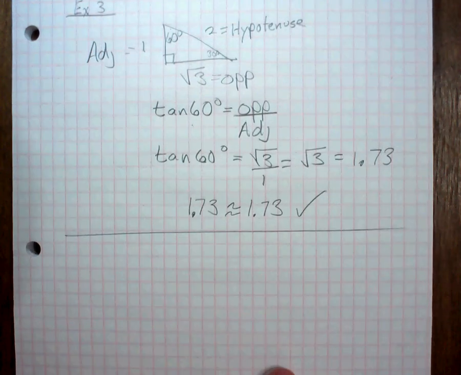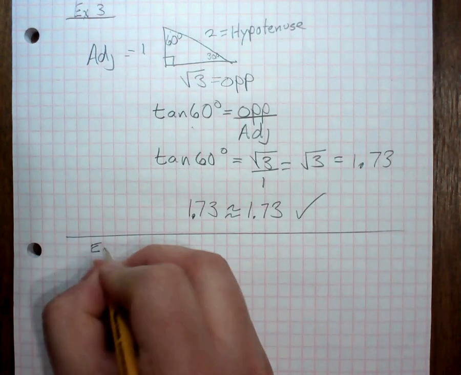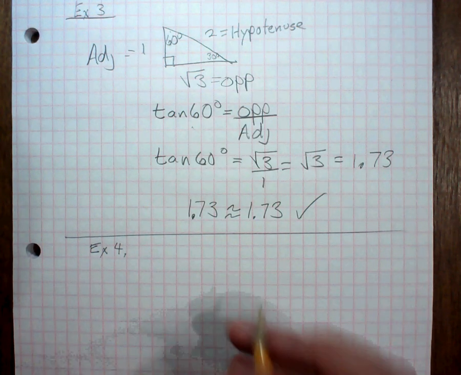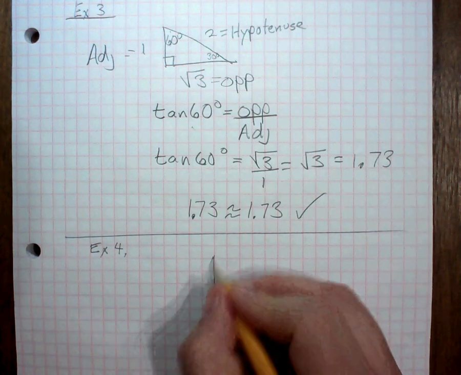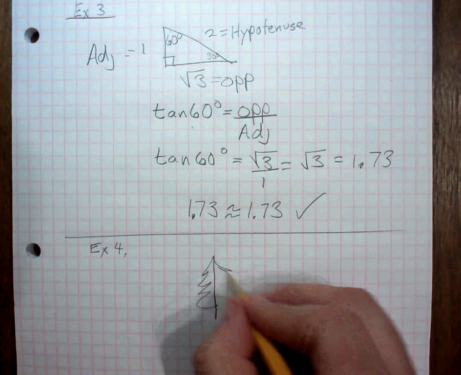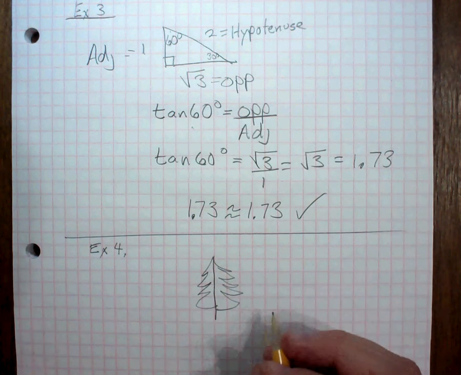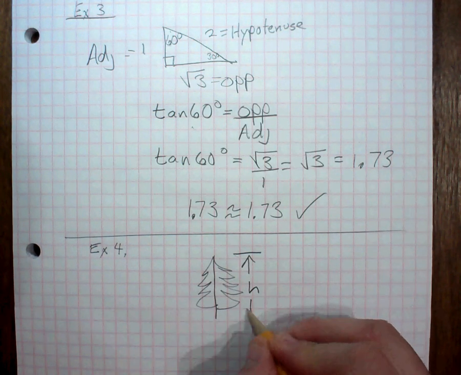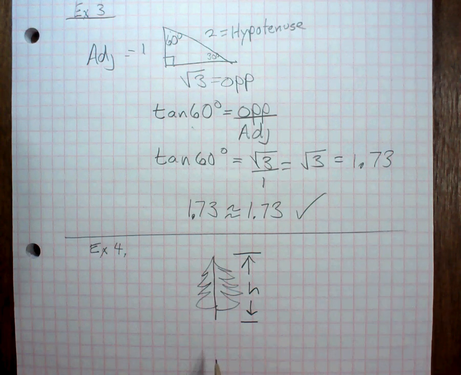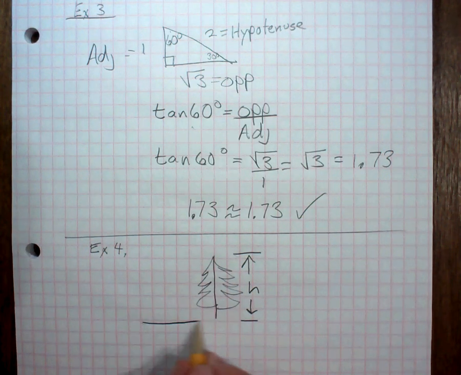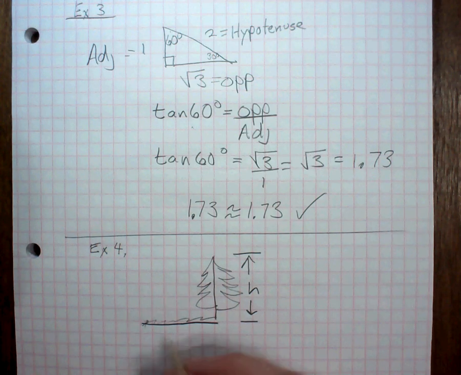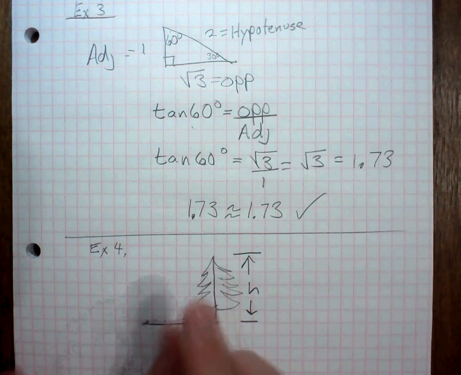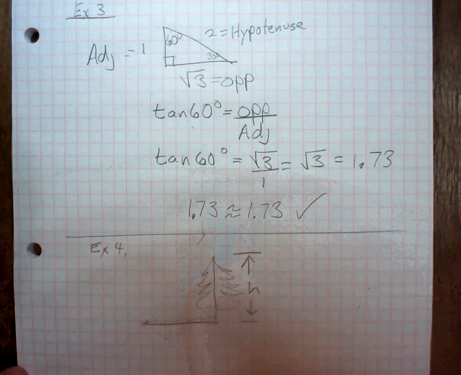Lastly, for example number 4, and then we're done. We're given a real world scenario. You have a tree, perfectly drawn tree, and it has a height of h, and it casts a shadow of 45 feet.